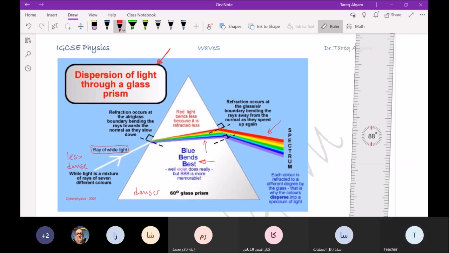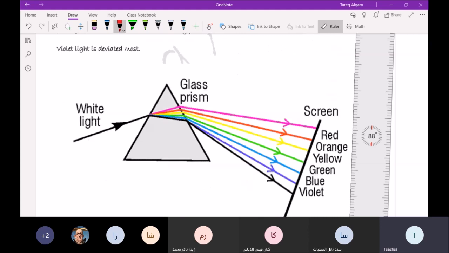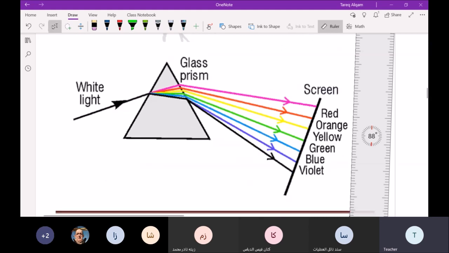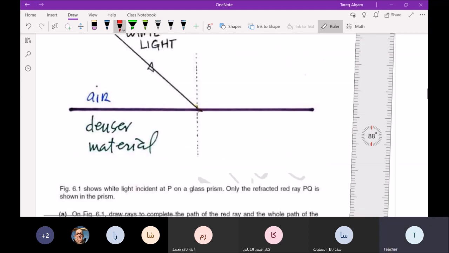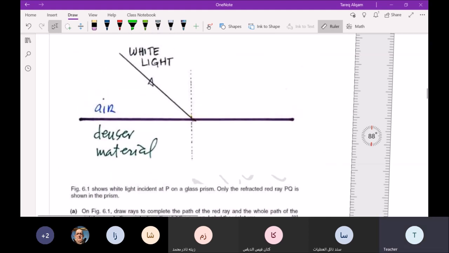Okay. Now let me show you how we will draw this. Look with me please, guys. This is the white light. Here we are seeing the colors. Let me show you this here. Here we have white light at the boundary between air and a denser medium.